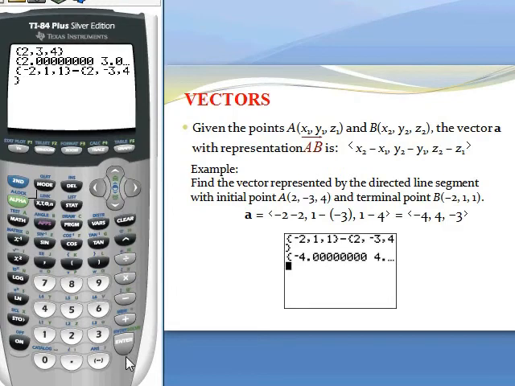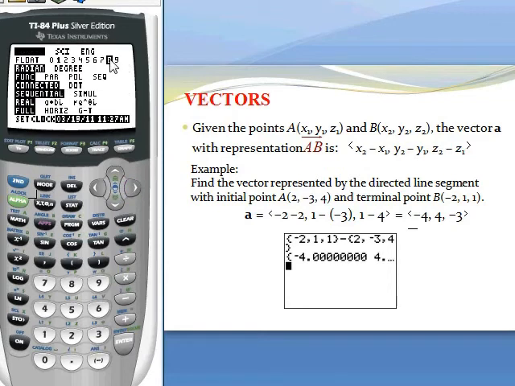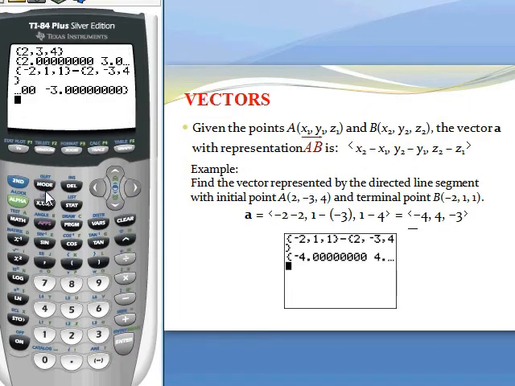And when you close the braces, it's going to give you the AB vector, negative 4, comma, 4, comma, negative 3. You have that many zeros because the mode is set at that level. Look at it, I have 8. So if I want to set it to 2, all you have to do is go to 2, push enter, get out of there, and then when you push enter again, you're going to see I only have 2 decimals.